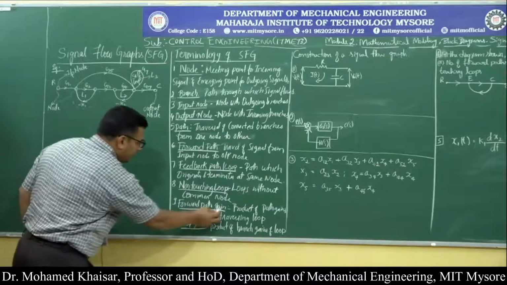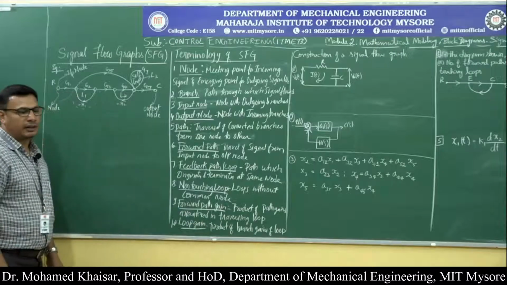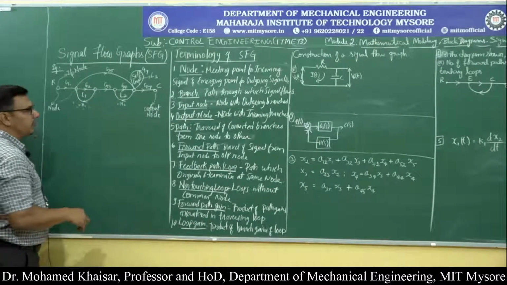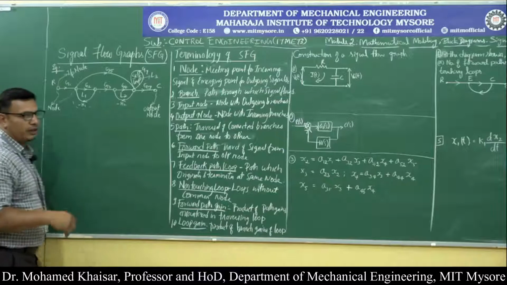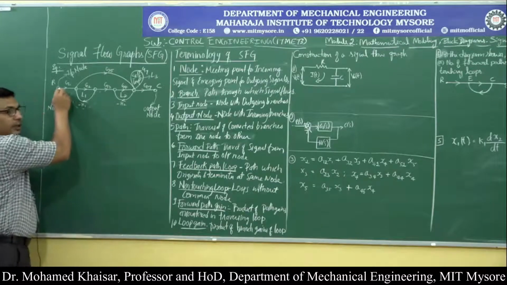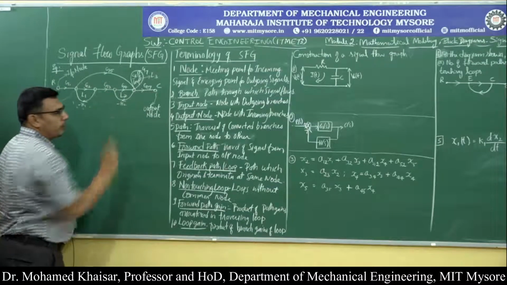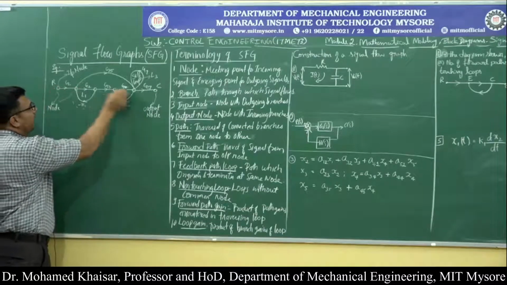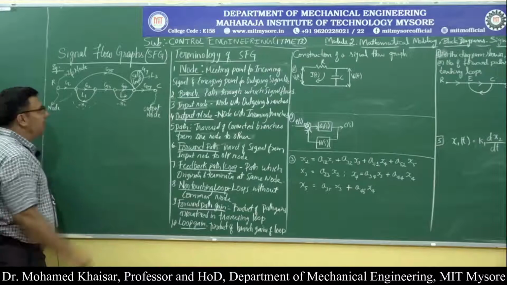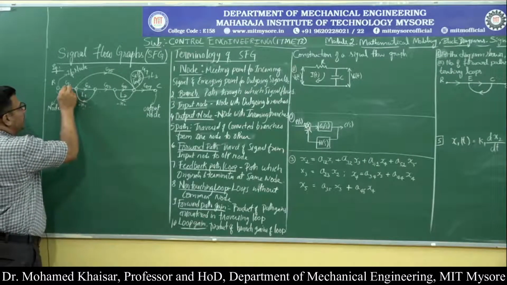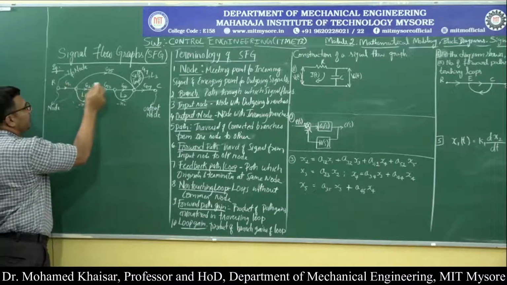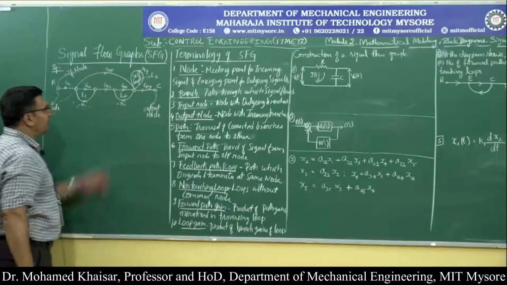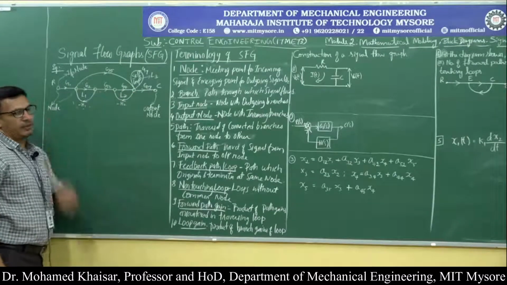Then, what is forward path gain? Forward path we have already understood. It is the path through which the signal travels from the input node to the output node. This path has several nodes in between, and from one node to the other, the signal flows in terms of G1, G2, G3, G4, G7, minus H2, minus H1, G5 as such.